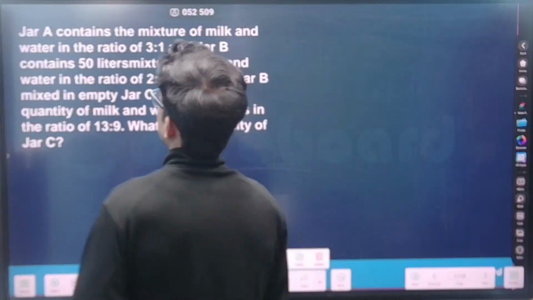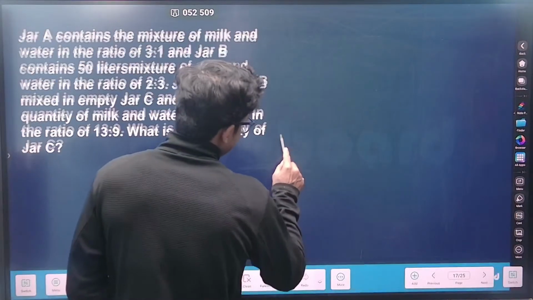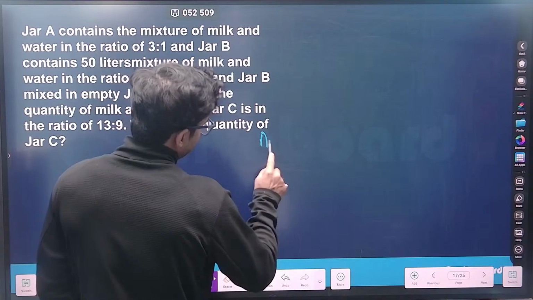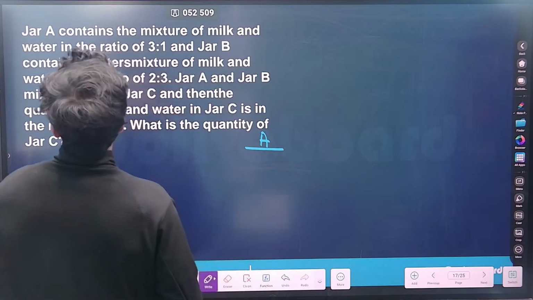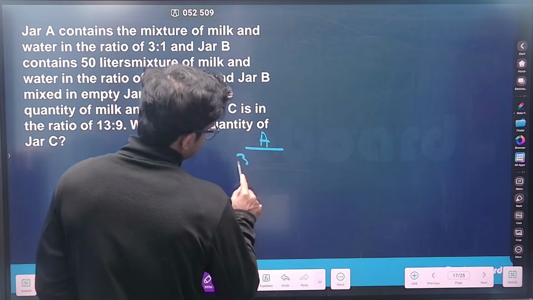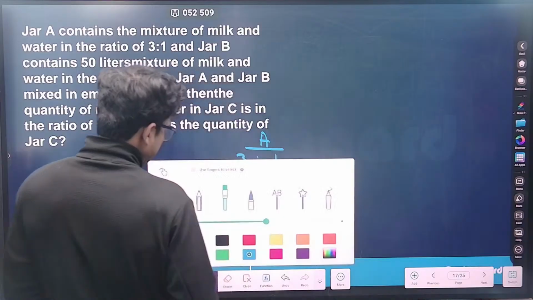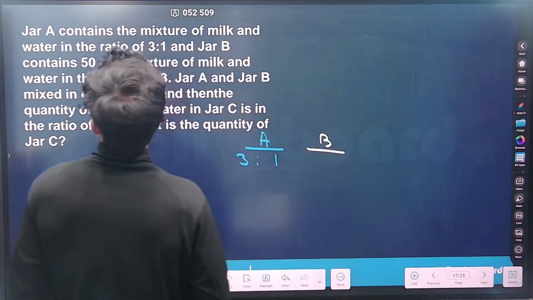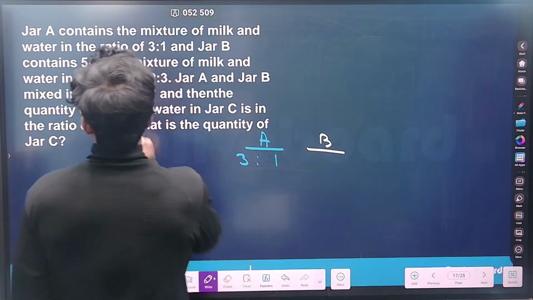The point is that jar A. So just write it down in a bifurcated way so that you can understand. Jar A, the ratio of milk and water is 3:1. First thing, right? Jar B, the ratio of milk and water is basically how much? If I talk about jar B, that is 2:3, but the total is 50 liters.